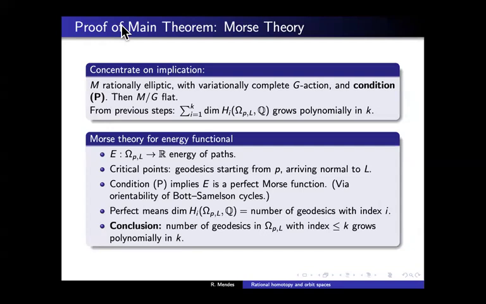These are two conditions that work, so we put both of them there. I could have thrown in a third one, which is that if you go from a principal orbit to a singular orbit on the codimension 1 strata, so on the boundary, the dimension goes down by at least 2. That's another condition that is actually implied by one of these, but maybe not so easy to see. But in principle, I don't think one of these two conditions implies the other.